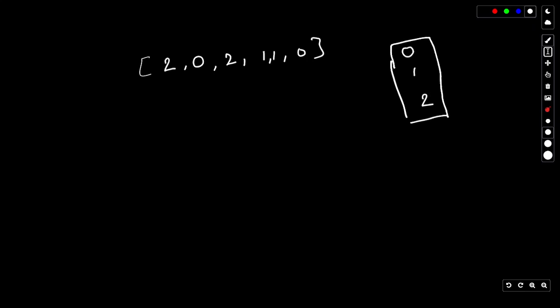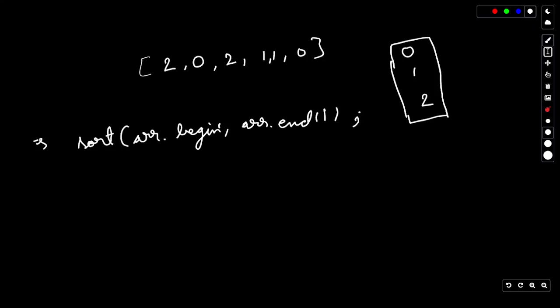The array consists of only these three elements, and we're required to sort this array without using any library sorting functions. In C++, it is sort and then arr.begin, arr.end, and we are not required to use this one.